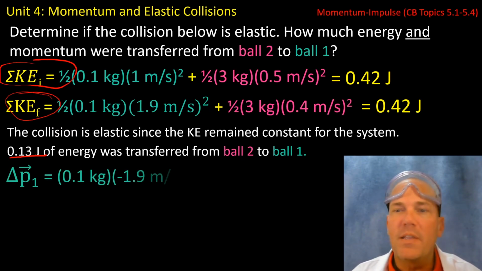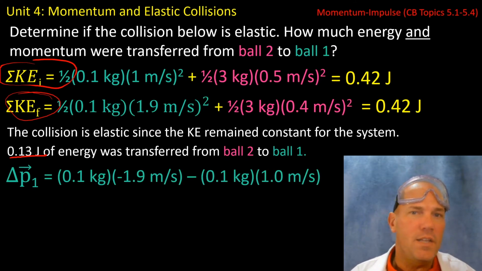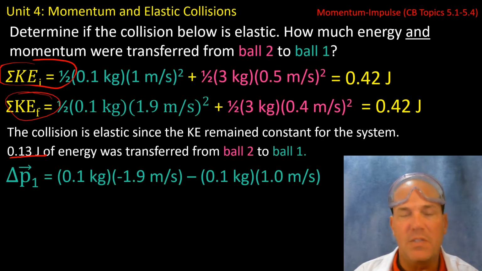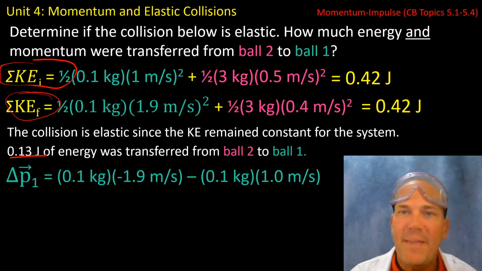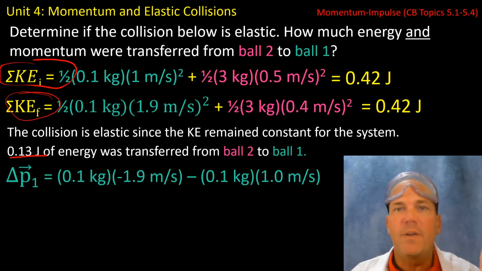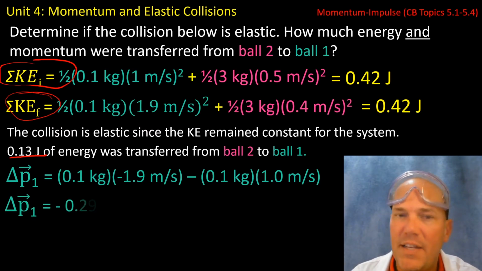The last part of this, we're looking at the momentum. We're looking at, in other words, the impulse, which means we're going to calculate the change in momentum for the light blue colored ball, or ball 1. And we're going to take the final momentum and subtract the initial momentum, and we're dealing with a vector quantity, so we need to pay attention to the signage.